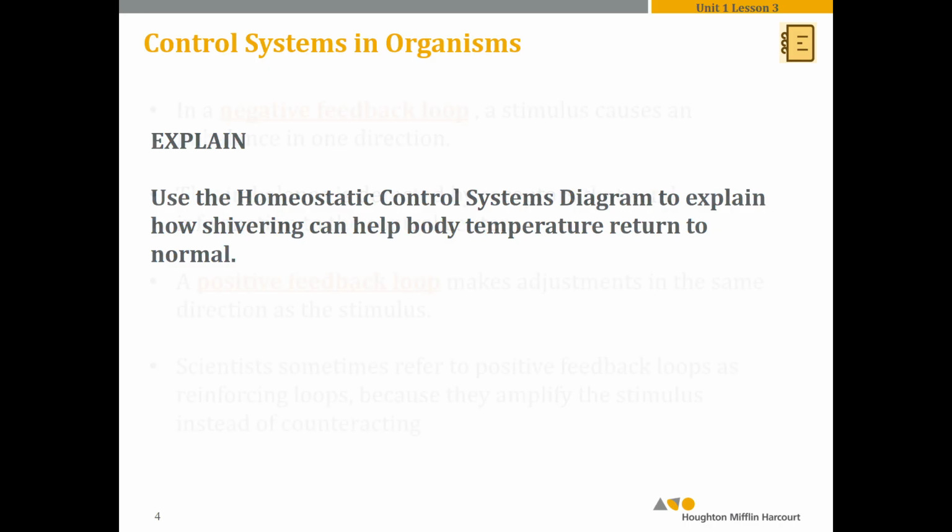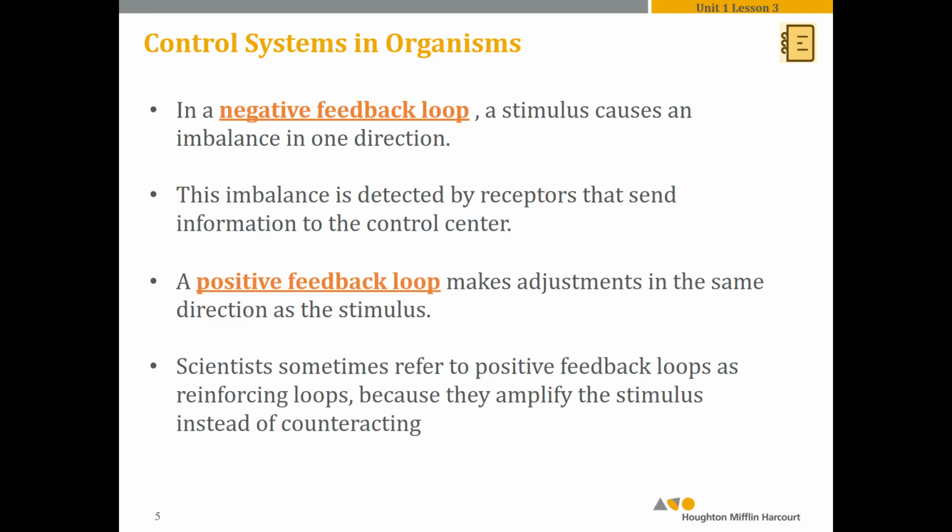There are two types of control systems in organisms, the negative feedback loop and the positive feedback loop. The difference between both is that negative feedback causes imbalance in one direction, and it is detected by the receptor that sends information to the control center. A positive feedback makes adjustments in the same direction.